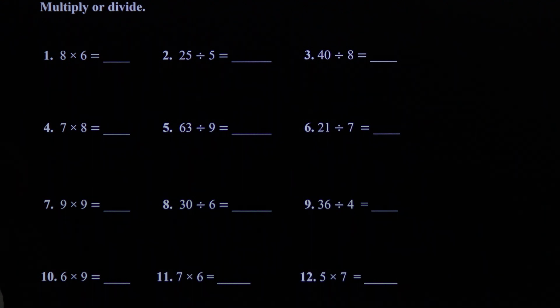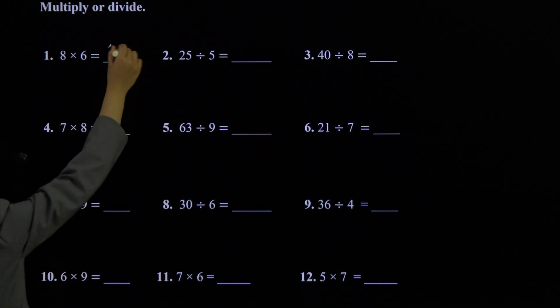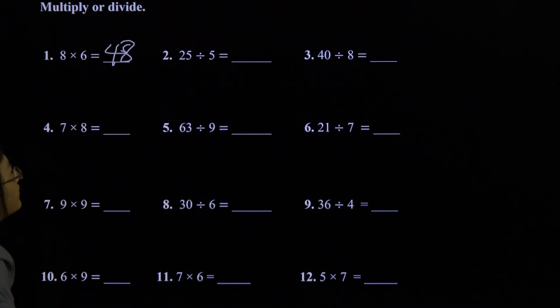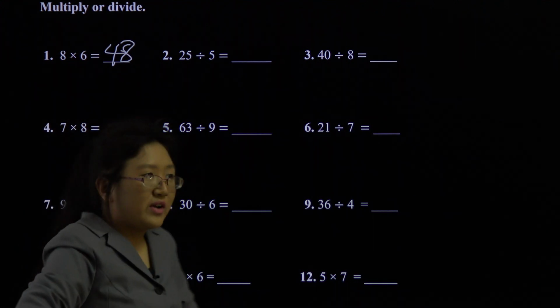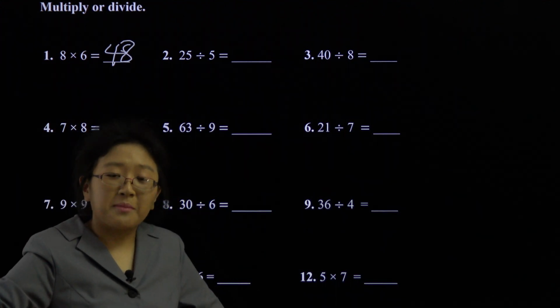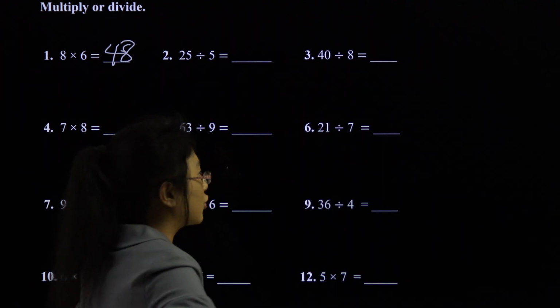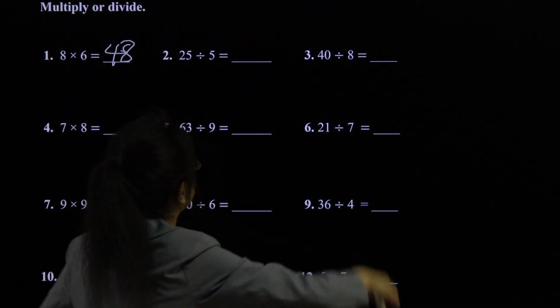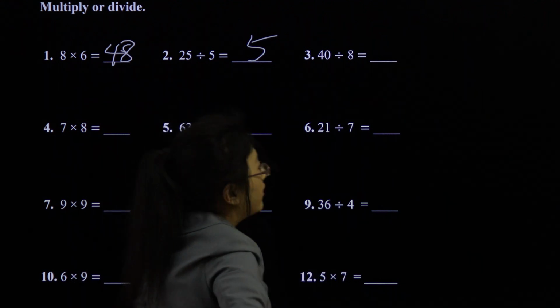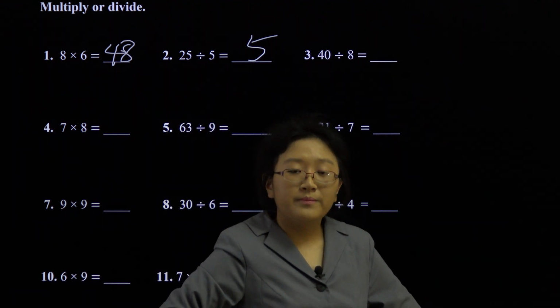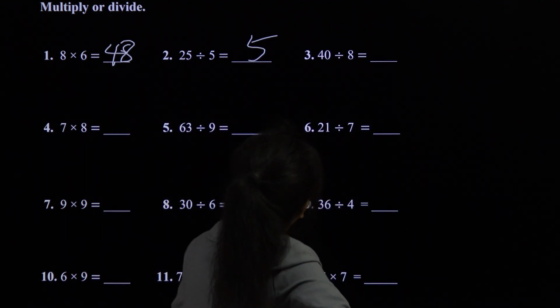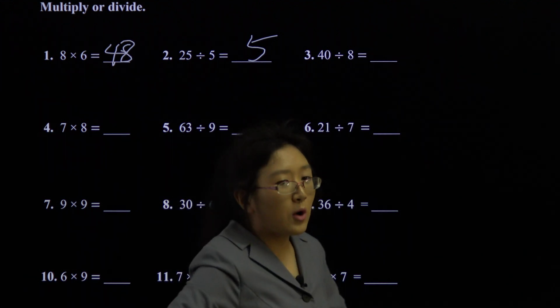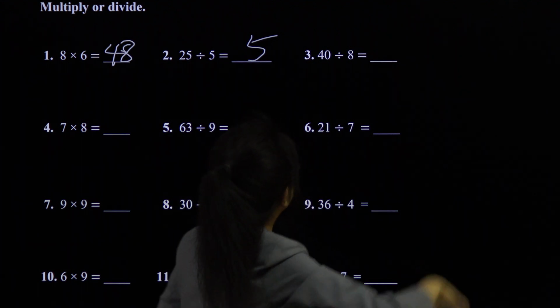And you get that 8 times 6 equals 48. 25 divided by 5. 5 times 5 equals 25. Therefore, 25 divided by 5 equals 5. 40 divided by 8. 8 times 5 equals 40. Therefore, 40 divided by 8 equals 5.